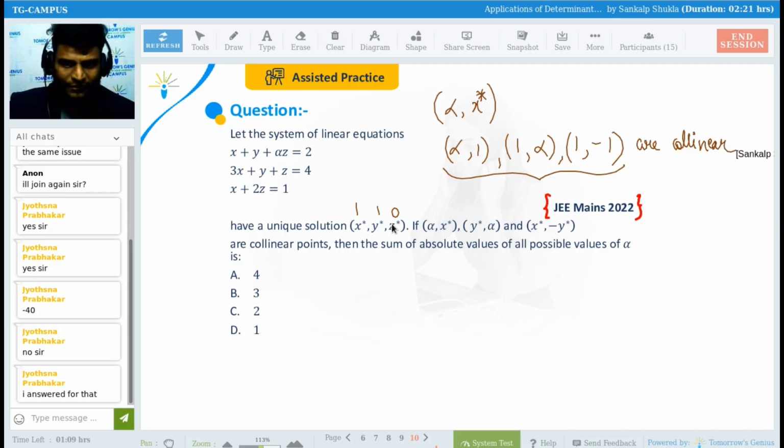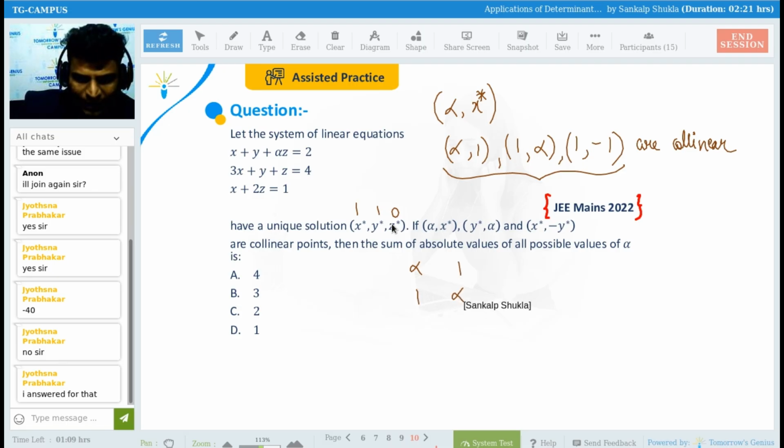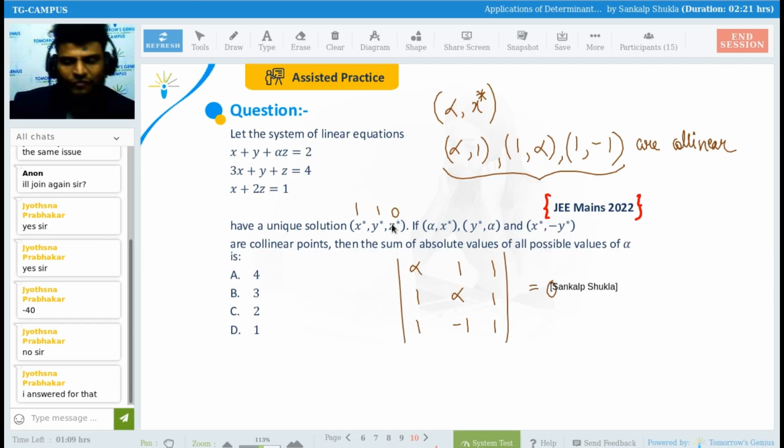So if these points are collinear, what we are going to do is form again a determinant and put that determinant equal to 0. So that means alpha 1, 1; alpha 1 minus 1; and 1, 1, 1. Just put that determinant equal to 0. Why?